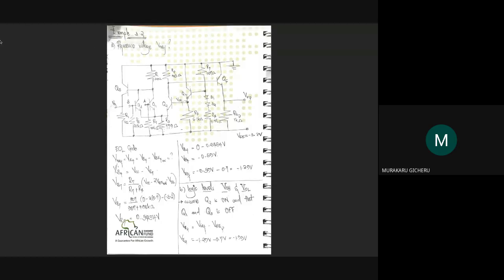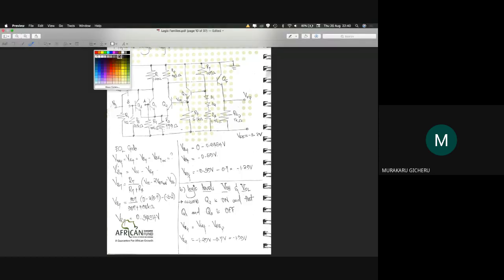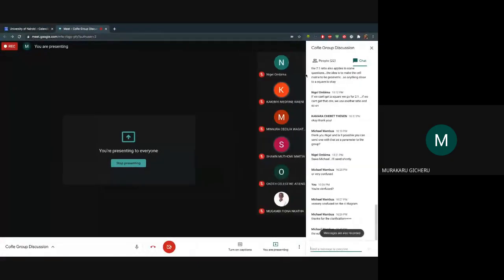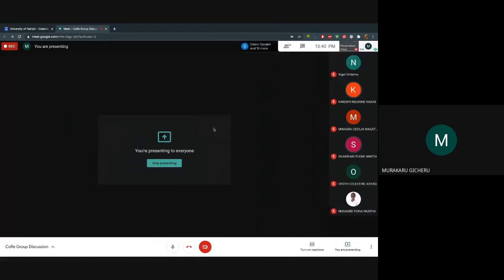What do you mean, the ECL on the right side? Is it the part with the diodes? The line that has the diodes?